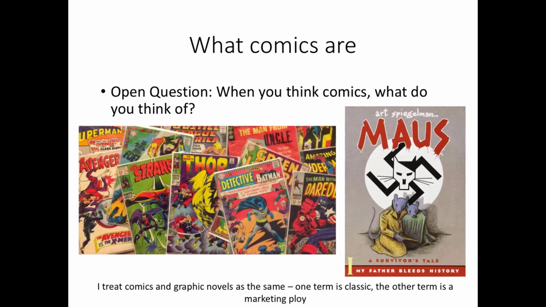Graphic novels were mostly just a marketing ploy to bring in what were considered more mature readers, reading serious topics like historical fiction, as with Maus, and topics like LGBTQ issues. So really, this distinction between graphic novels and comics isn't a true thing. And for this talk, I'm going to talk about comics, including both of these different things.